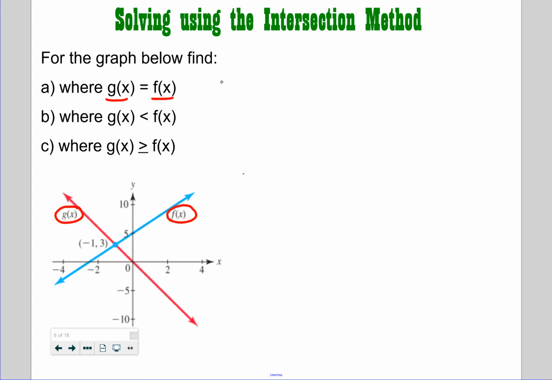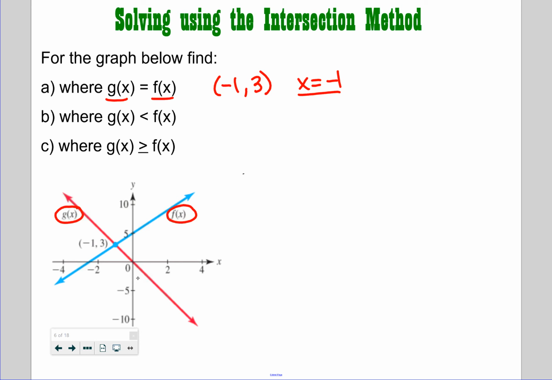And that's labeled here for you, negative 1, 3. And if you want the x value where they're the same, x equals negative 1 is where they're the same. Then in part B, we want to know when is g of x less than f of x. So remember, g of x, if we look at the bottom here, is the red line, and f of x is the blue line.